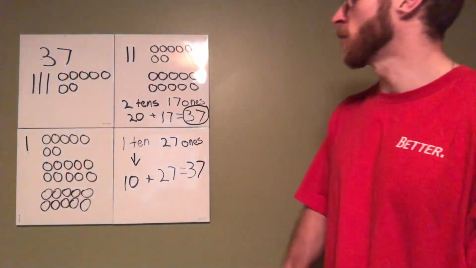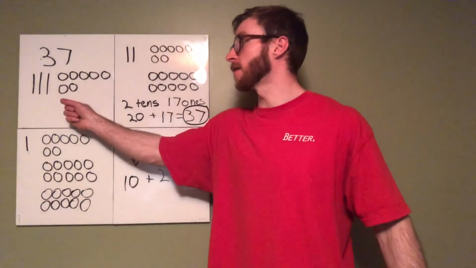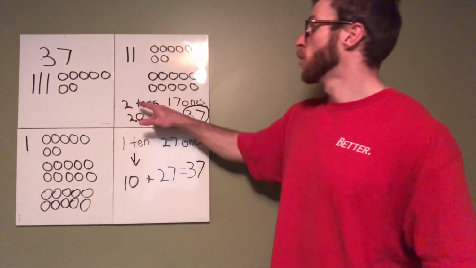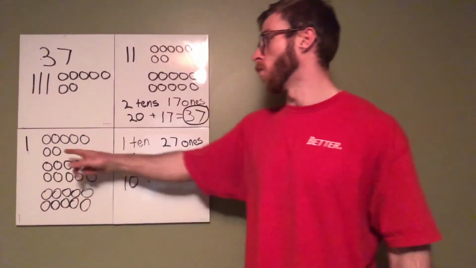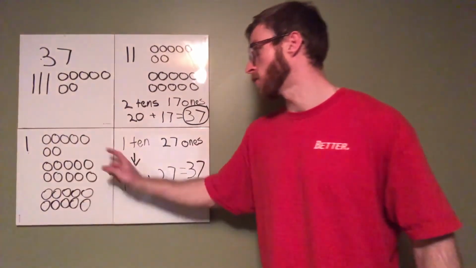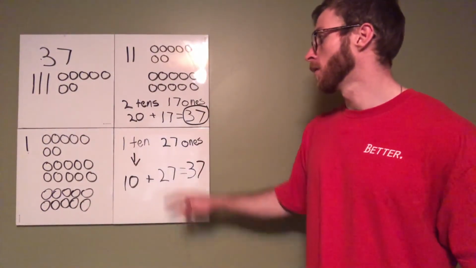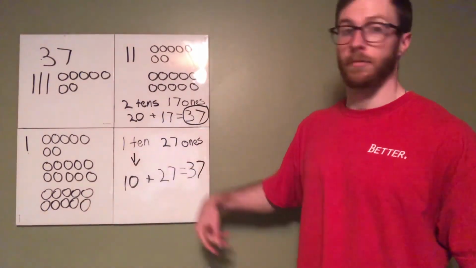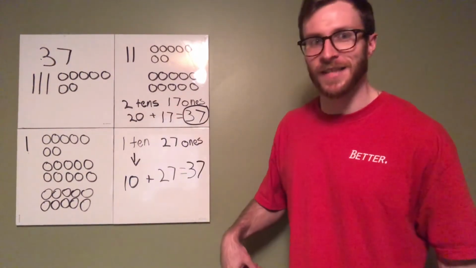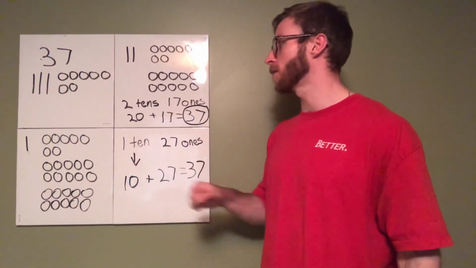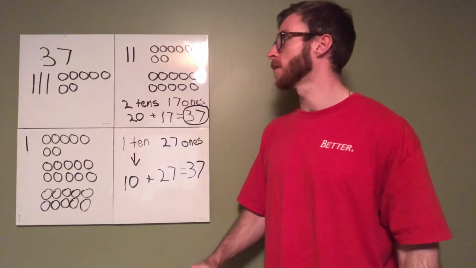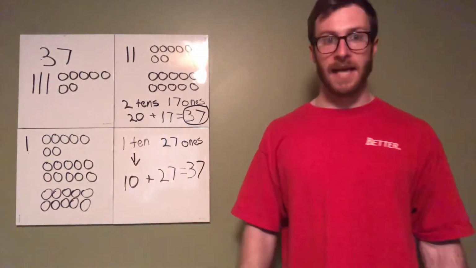So 37 can be written with 3 10s and 7 ones, 2 10s and 17 ones, 1 10 and 27 ones. Or we could go on actually, but that's how we showed it. So we showed it with 1 10, 27 ones, 2 10s, 17 ones, and 3 10s and 7 ones.